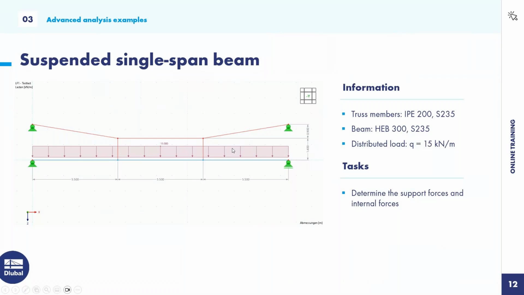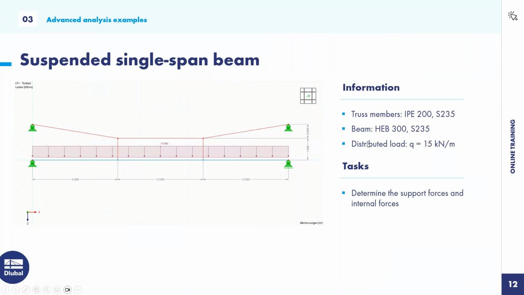These truss members will only transfer axial forces. This secondary red truss structure acts as a suspension for this single span beam, which has a very high span and would fail otherwise if we didn't add additional supports by this secondary support structure.